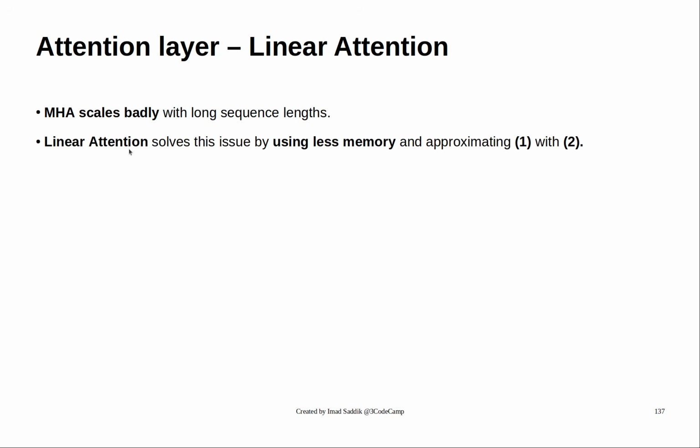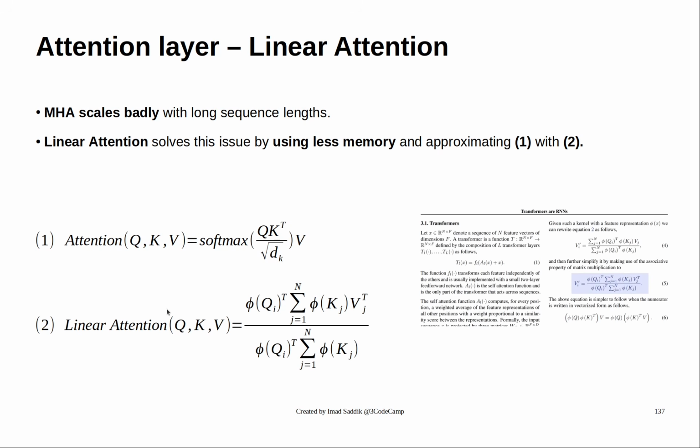Linear attention tries to solve this issue by using less memory in order to be efficient. How does it do that? Well, researchers found a way to approximate the attention formula with this one. You can find this approximate equation in the paper that I have highlighted in the previous slide.